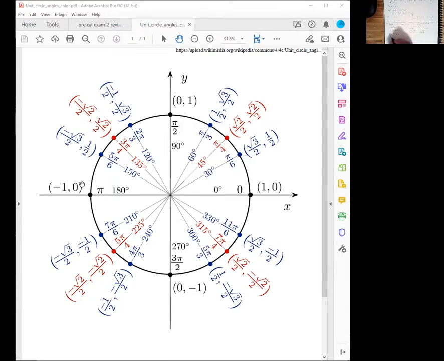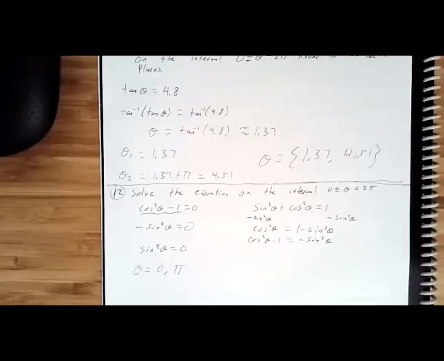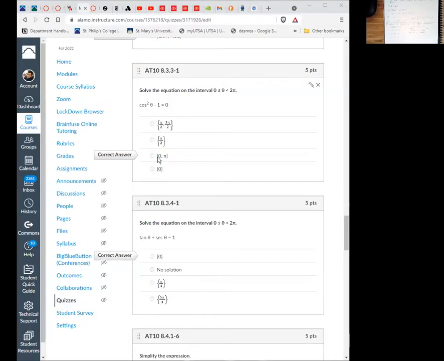So theta would be 0 and pi. So nothing crazy, right? Does that make sense though? That's how they got this.